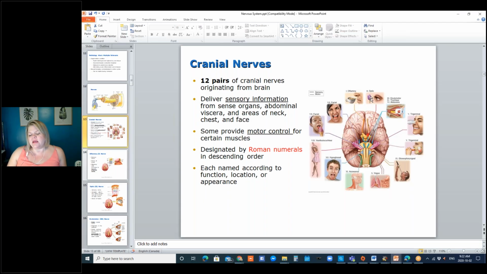The Roman numerals really reflect its position or order in the brainstem itself, going from superior to inferior in numbers. So cranial nerves 1 and 2 are more on the superior aspect of the brainstem, where cranial nerve number 12 is found lower down on the brainstem, closer to the spinal cord.